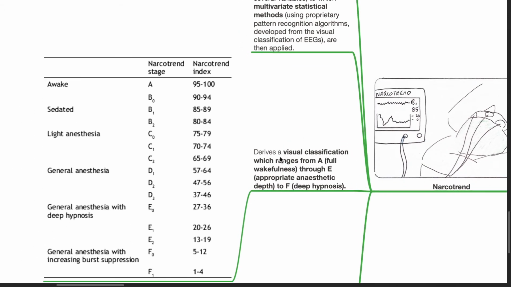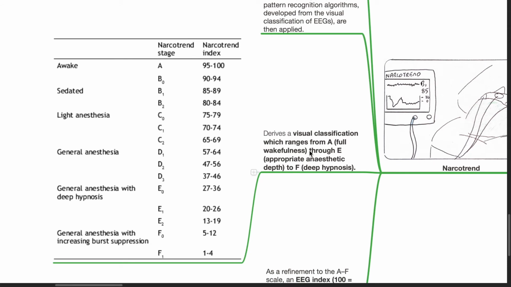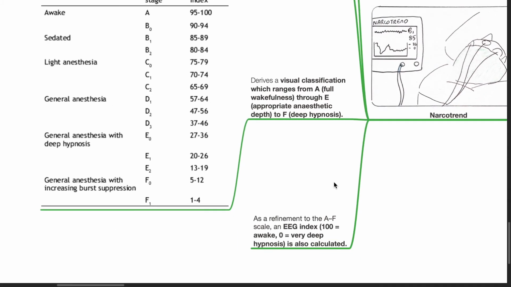It derives a visual classification which ranges from A, indicating full wakefulness, through E, appropriate anesthetic depth, to F, indicating deep hypnosis. As a refinement to the A to F scale, an EEG index indicating 100, meaning awake, and 0, indicating very deep hypnosis, is also calculated.